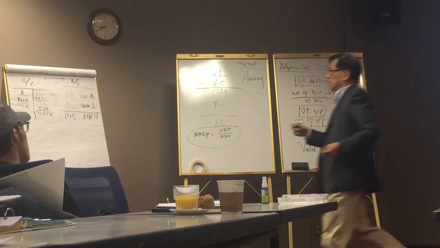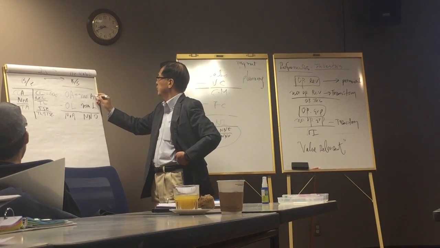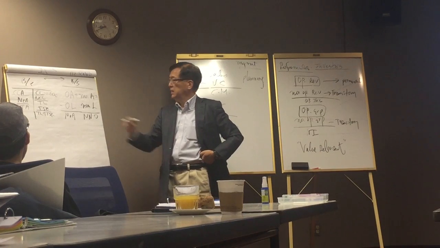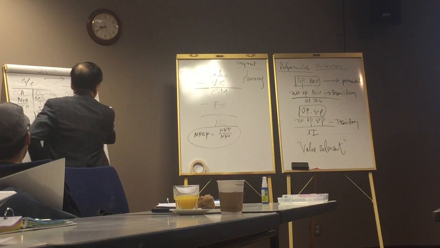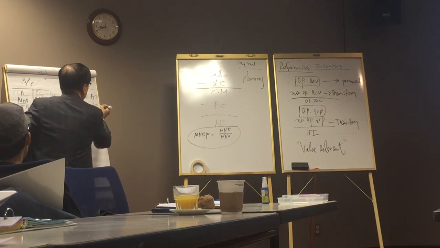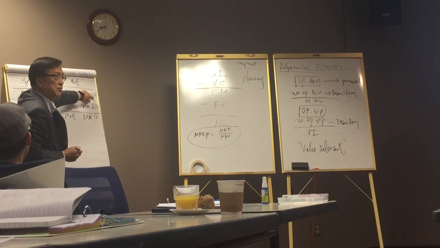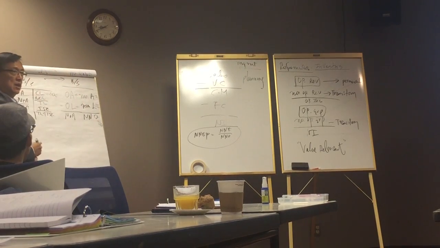So, if you add these two up, that will be what? Total asset, right? If you add these two up, this will be total liability. So if you subtract total liability from total asset, that will be total stockholders' equity.